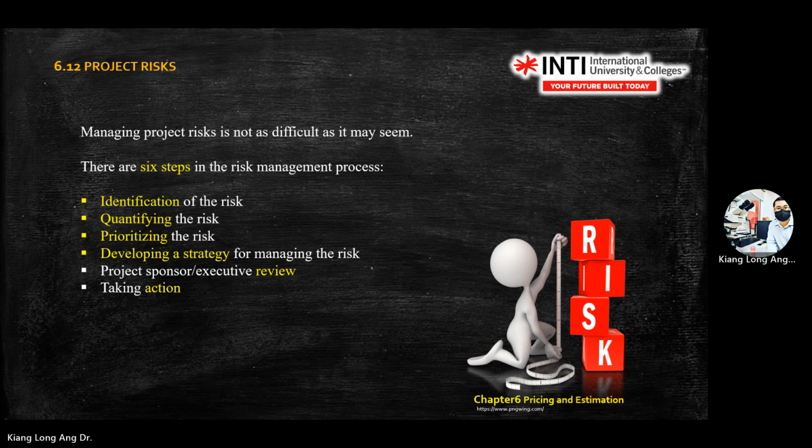Okay. So remember these 6 steps for the risk management process. Identify, quantify, give priority, develop a strategy, get approval from top management, and then go ahead and proceed with the action. Okay, 6 steps.